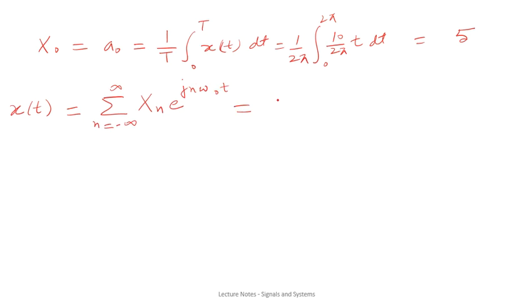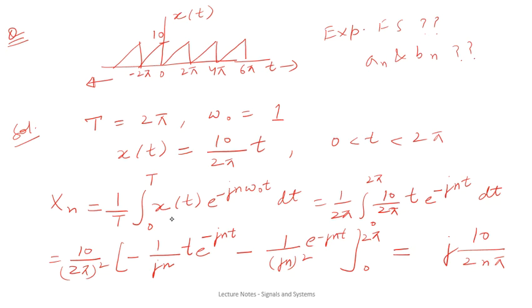Okay, so since omega naught is 1 here, it can be simplified to e raised to the power j n t, and now you put the value here for different values of xn, because xn is obtained as j times 10 upon 2n pi.